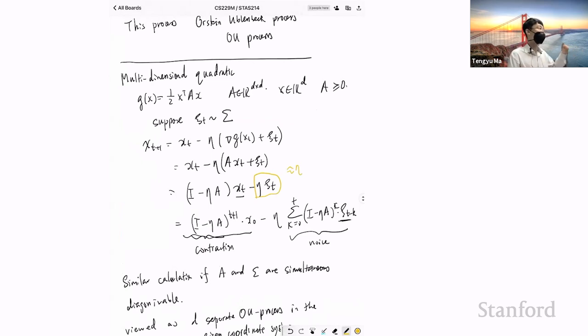So each time you add some noise on the order of eta, and eventually all of this noise builds up. They add up to something on the order of square root eta. That's how the noise accumulates, but it wouldn't accumulate to infinity, because of the contraction term that contracts the noise to some extent. Still, the noise builds up half an order higher in terms of eta, so it accumulates from eta to square root eta over time.